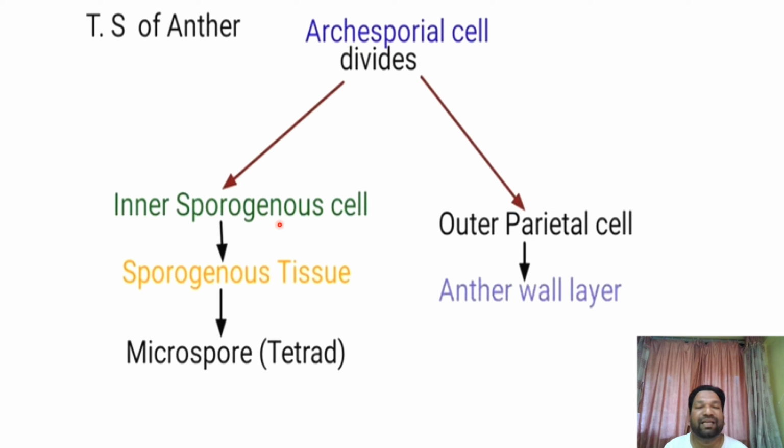The inner sporogenous cell forms sporogenous tissue, which further forms microspore tetrad, pollen grain, and the outer parietal cell forms the anther wall layers, that is epidermis, endothecium, middle layer, and tapetum.